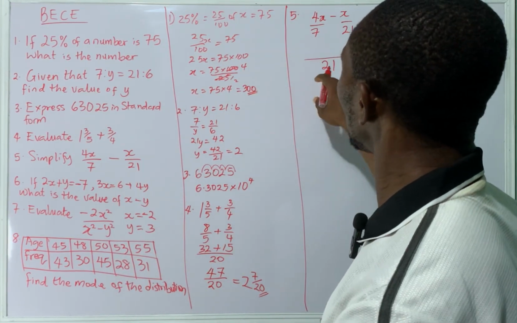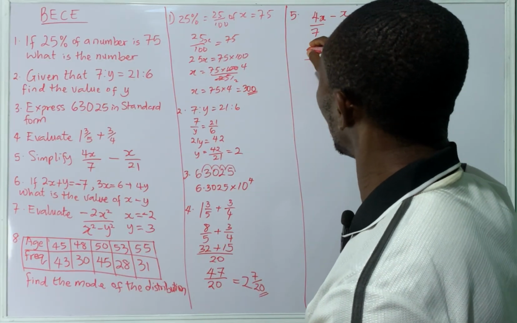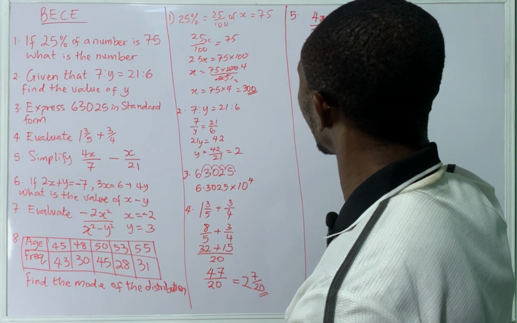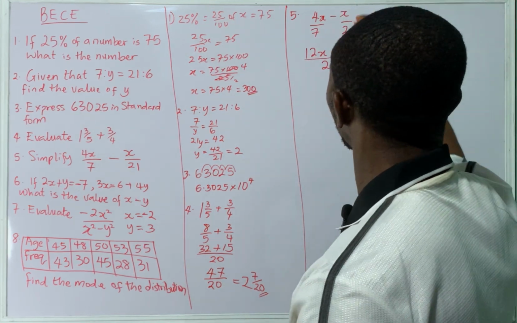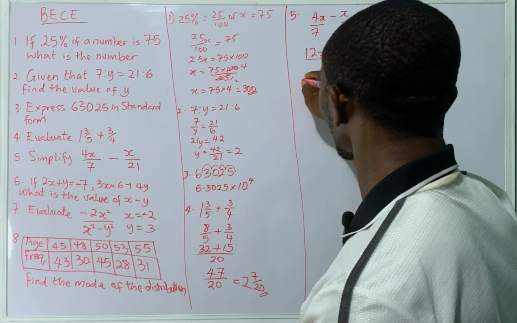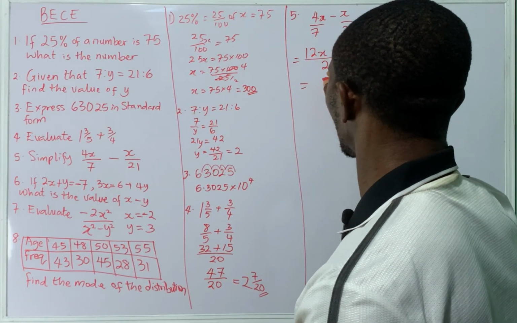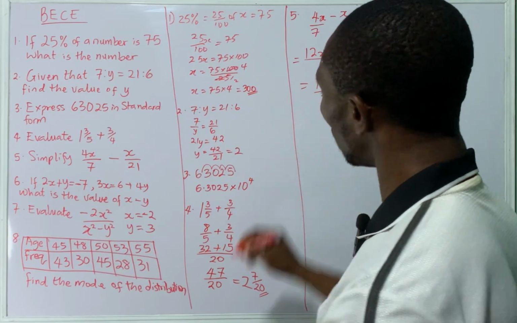So 7 into 21 is 3. 3 times 4 is 12x minus 21 into 21 is 1. 1 times x is x. So this gives us 12 minus 1, 11x over 21.